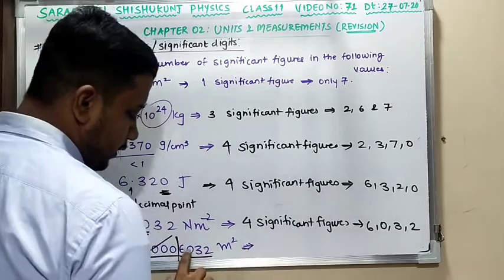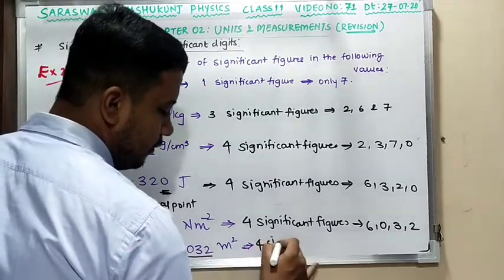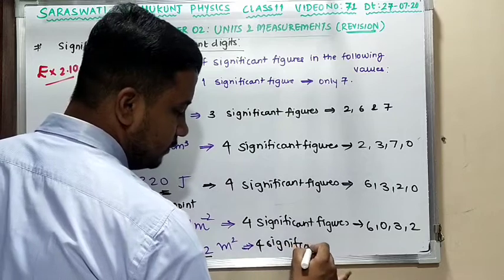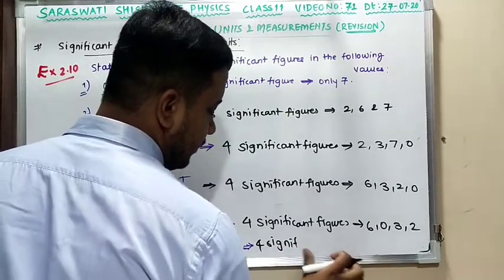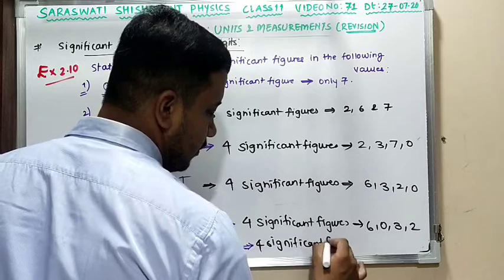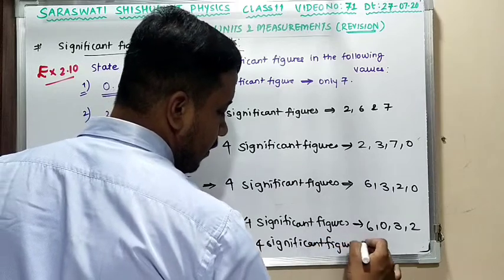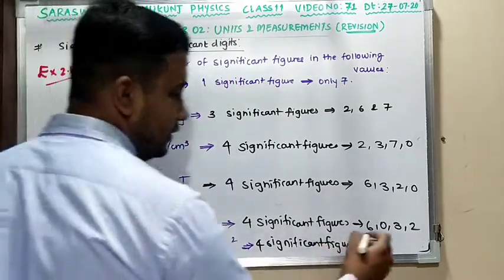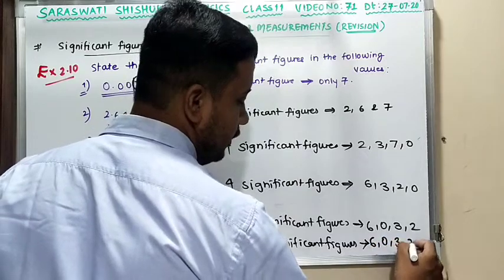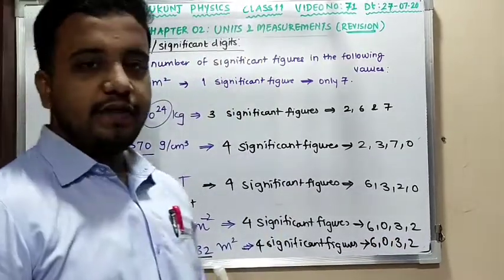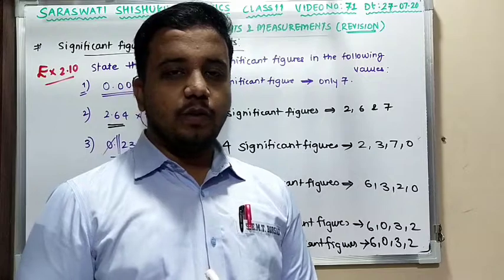So here how many? 1, 2, 3, 4. So I can write 4 significant figures, and they are 6, 0, 3, 2. Clear perfectly? Thank you very much. All the best for the exam.